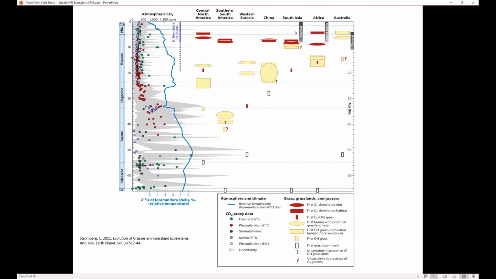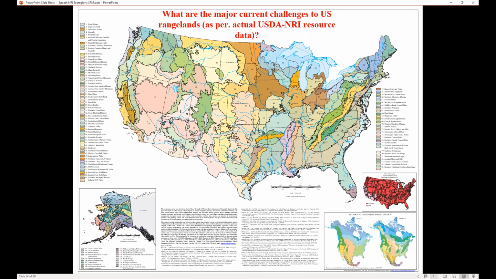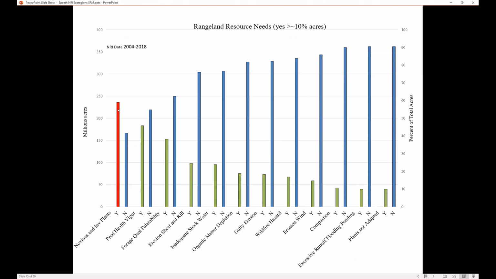So what are the major challenges to U.S. rangelands? Quickly looking at the resource needs based on the NRI, the number one resource concern across all the rangelands in the U.S. was noxious and invasive plants, which accounted for almost 60% of the total acres recorded in the NRI.